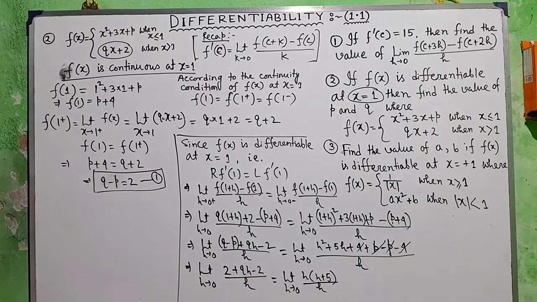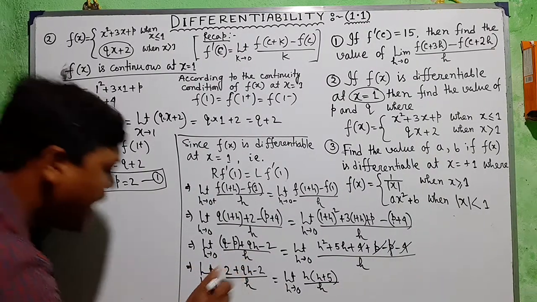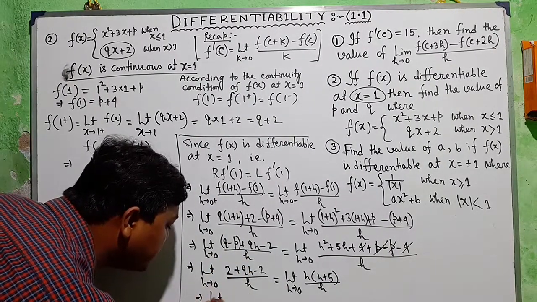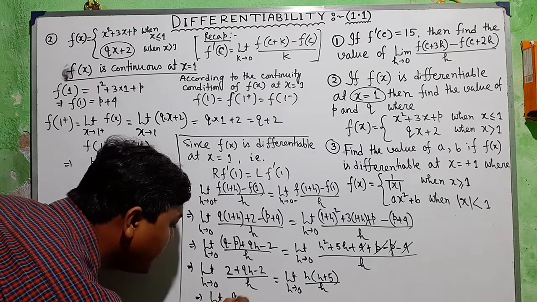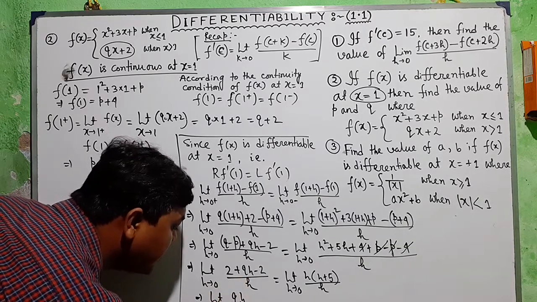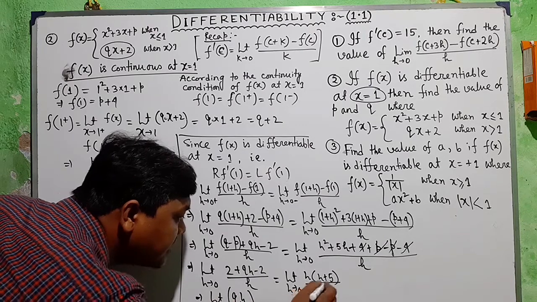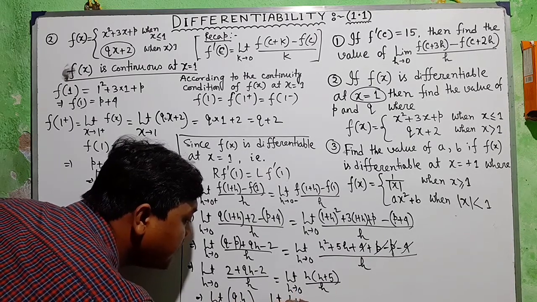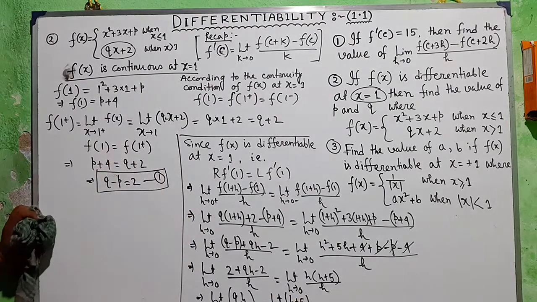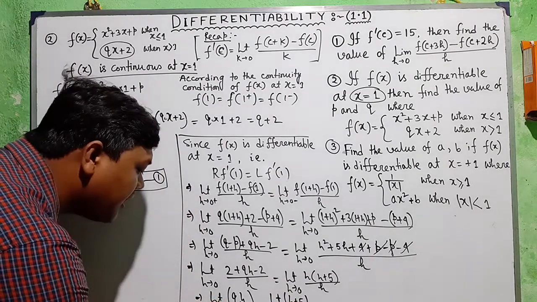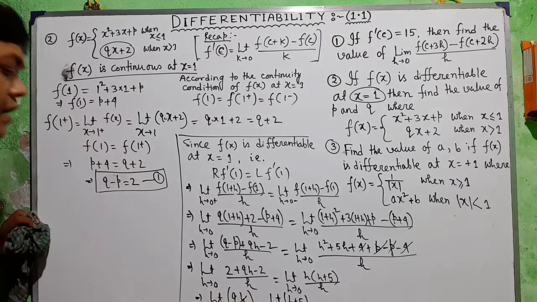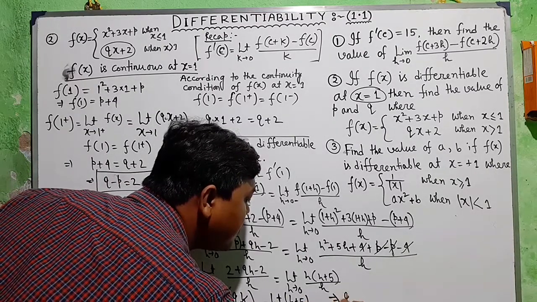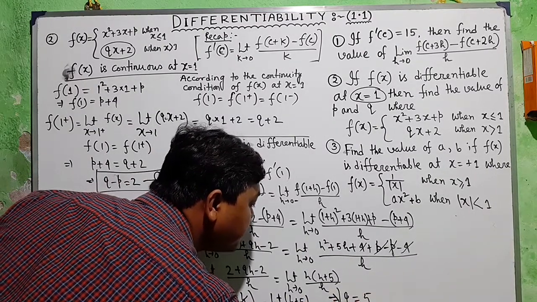Alright, up to this. So 2 cancel, you will get limit h tends to 0 q h by h, and h is cancelled, limit h tends to 0 h plus 5. Am I right? So h is cancelled, and if you put this is a constant, you will get q equals to 0 plus 5, that is 5.